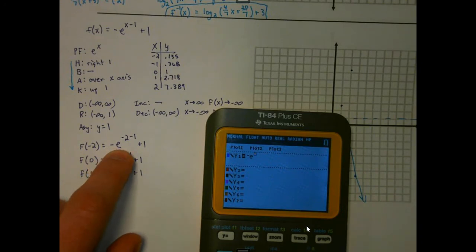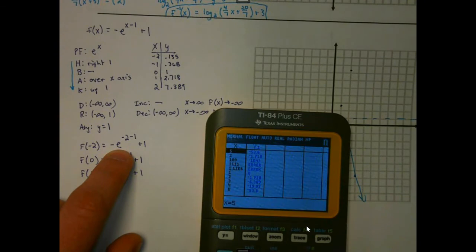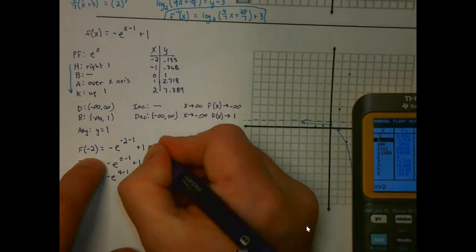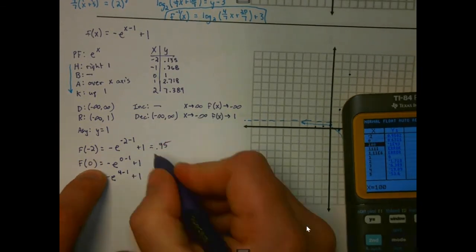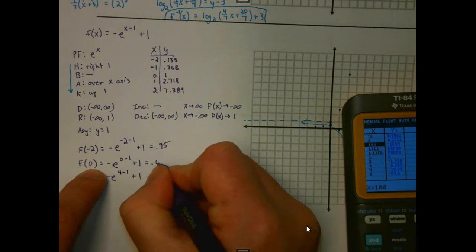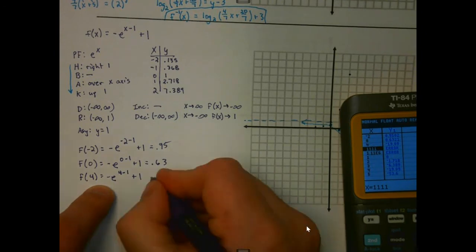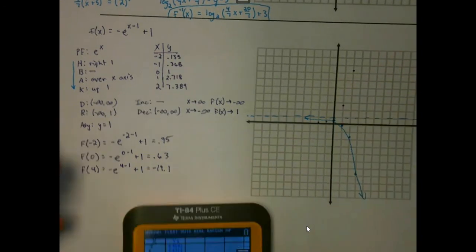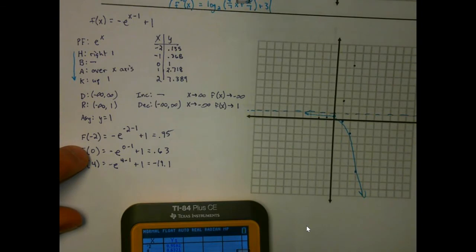So e to the x minus 1 plus 1. Look at the table here. I plug in negative 2, I get 0.95. Plug in 0, I get 0.63. I plug in 4, I get negative 19.1.